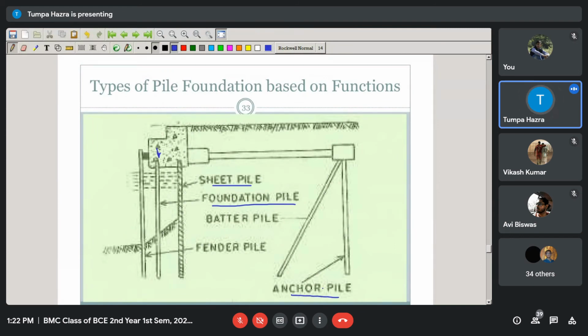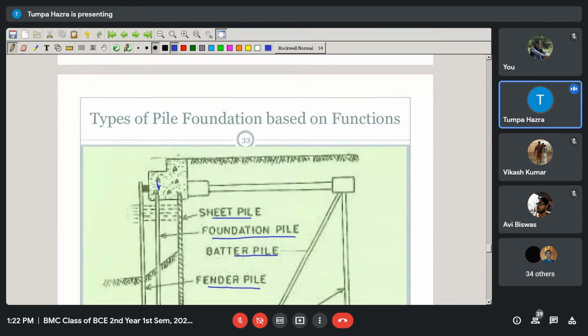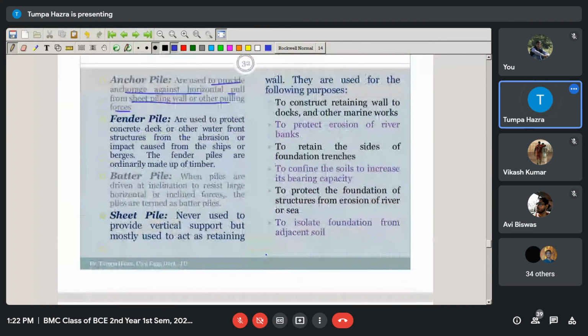This is the example of anchorage pile. This is the example of batter pile, and this is the example of the fender pile. You just see the picture, I will define all those things.